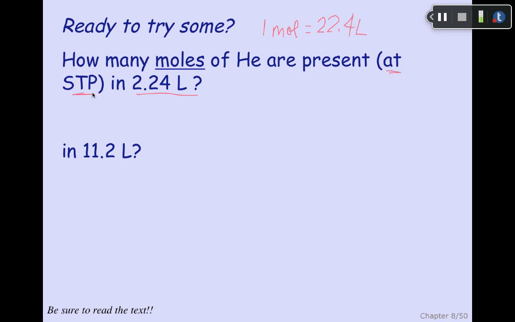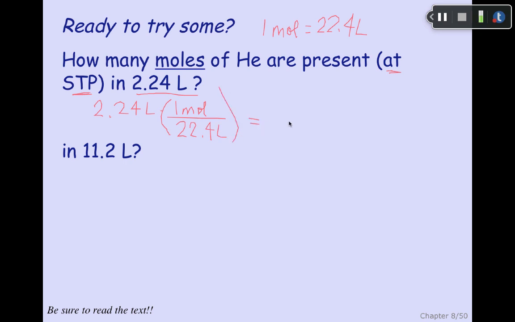So at STP we're fine. Let's start with the value given here, 2.24 liters, and that will be set up with a conversion step now. 1 mole on top is related to 22.4 liters, and you can look at the math here.